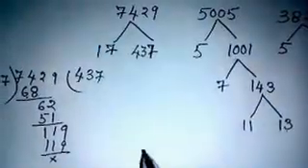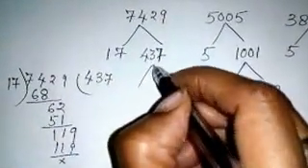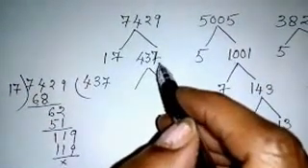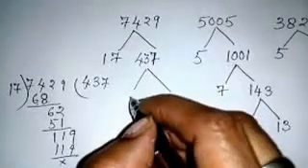437 is the quotient. Now you can try 17, it won't be divisible. By 19 you can try now.